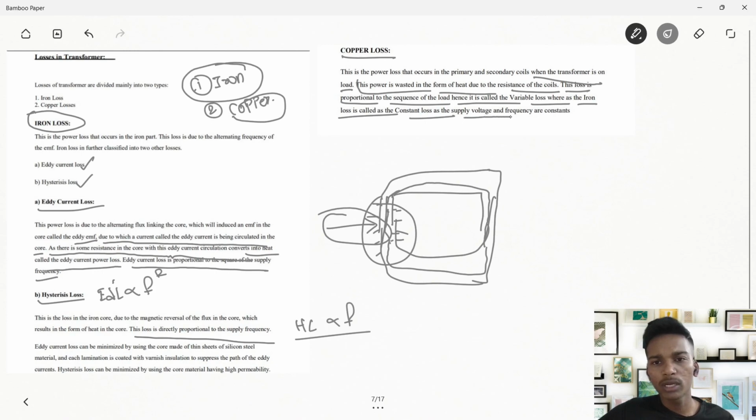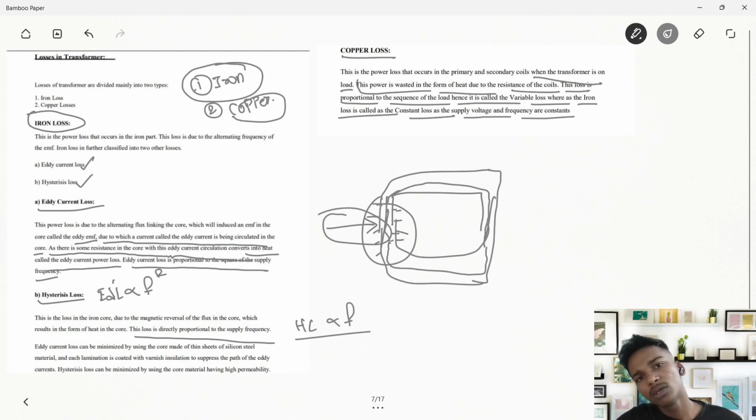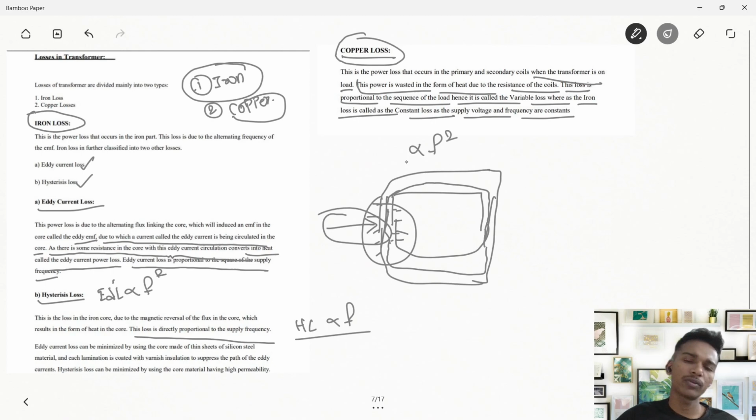As the supplied voltage and frequency are constant, we don't know whatever load we are going to apply, so we cannot judge the magnitude of the copper losses. But iron losses are proportional to the frequency or the square of the frequency of the input voltage.